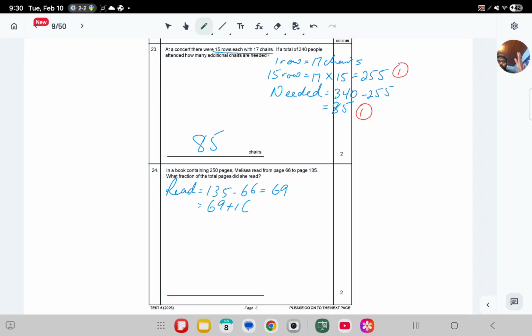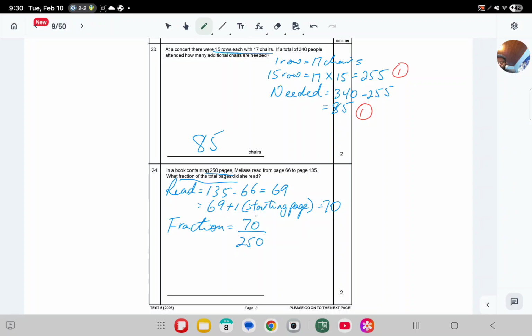Remember, you started on page 66, so you have to add 1 to account for that first page that you start on. And that will give us 70 pages she read. The question wants it as a fraction of the total, so for a fraction, it would be the 70 over the total number of pages, which is 250.